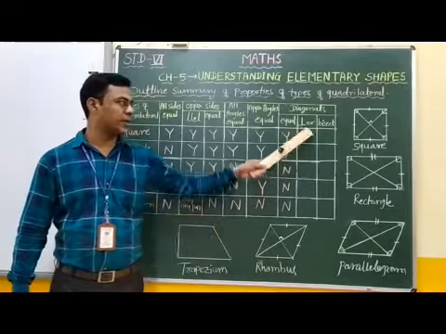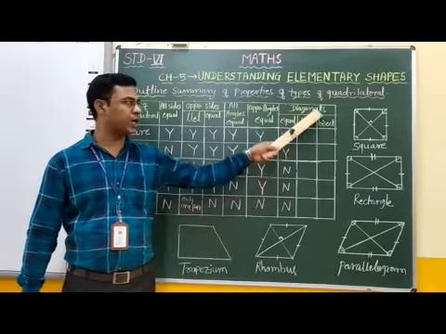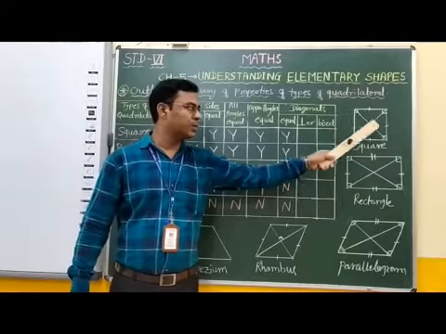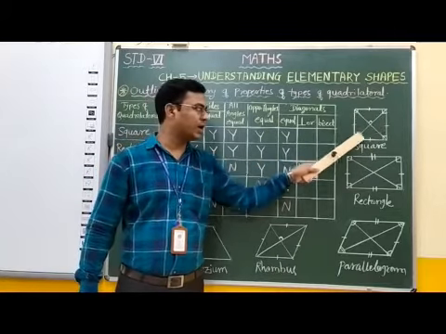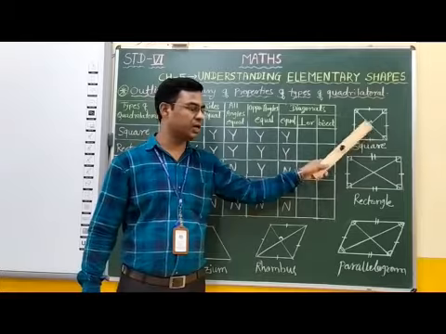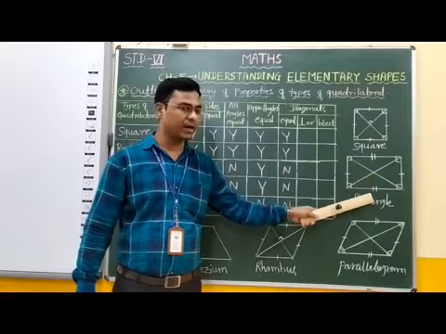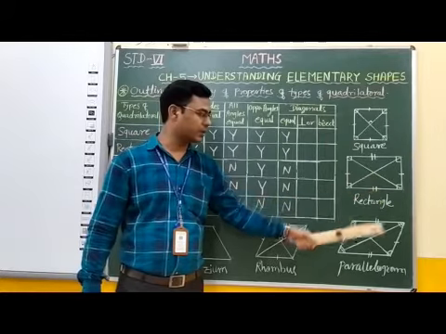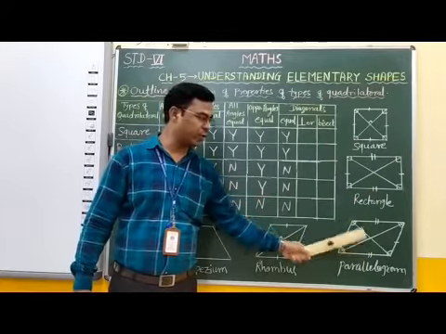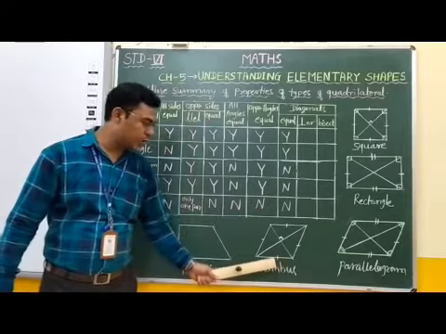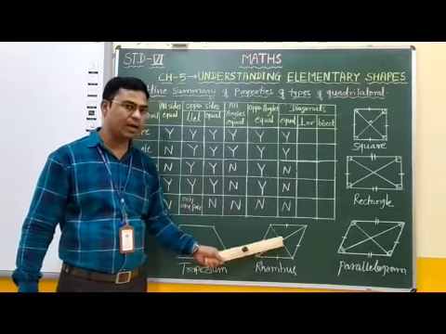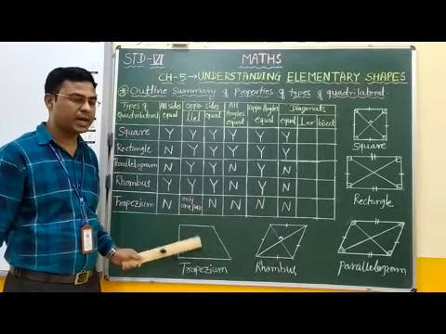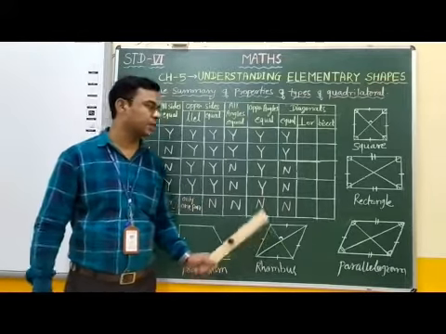Now next, diagonals are perpendicular. Here in square, diagonals are perpendicular to each other. In rectangle, diagonals are not perpendicular. In parallelogram, diagonals are not perpendicular. In rhombus, diagonals are perpendicular, and in trapezium, diagonals are not perpendicular.